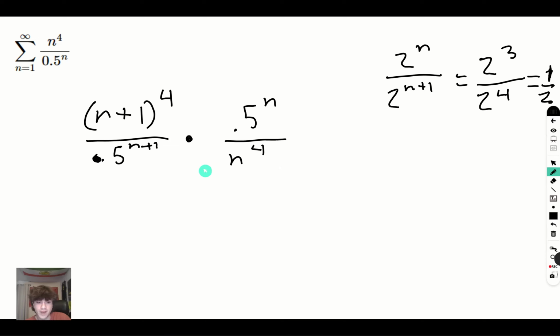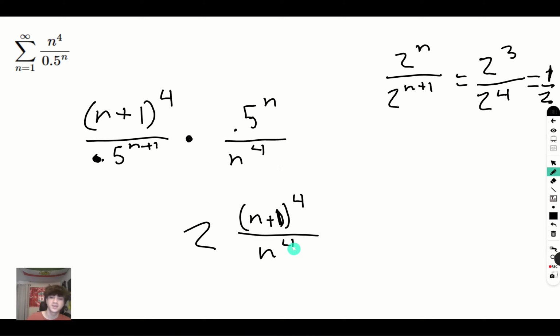1 over 0.5 is simply 2, so we get 2, and then we have these two terms that we haven't simplified yet. So we get n plus 1 to the fourth, and then n to the fourth. But then, as we see, n is going to infinity. So as n plus 1 is going to infinity and n is going to infinity, we get a really, really large number plus 1 to the fourth, over a really, really large number to the fourth.